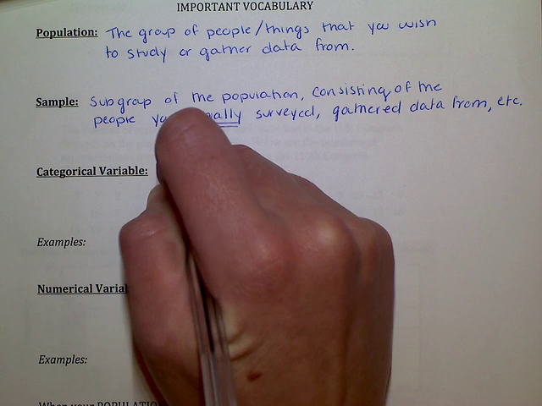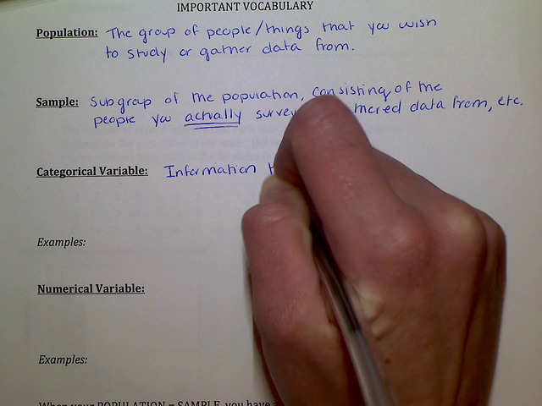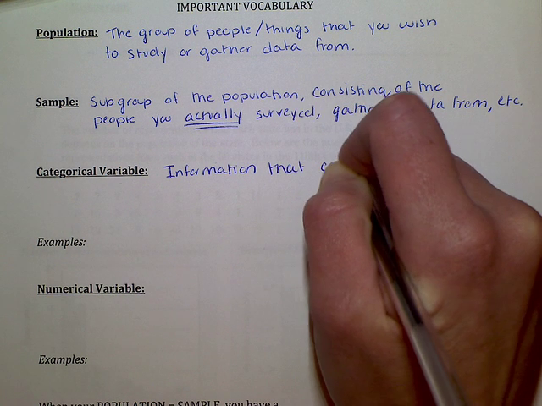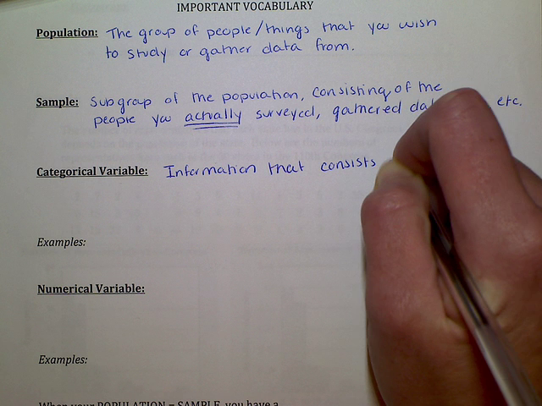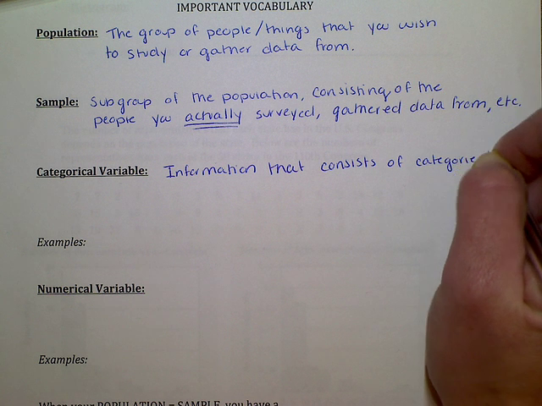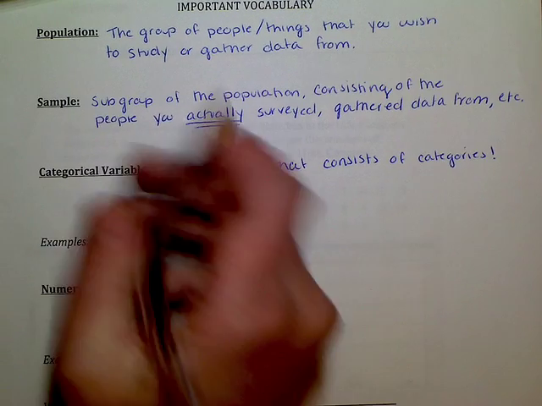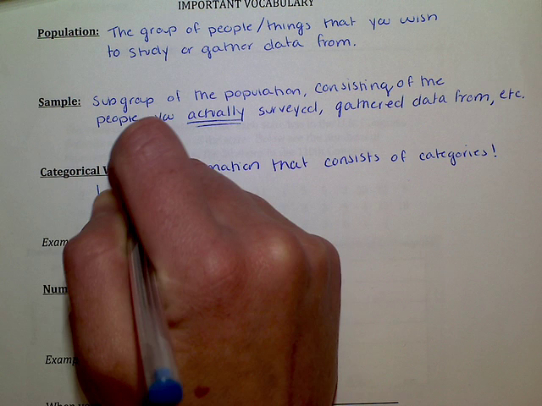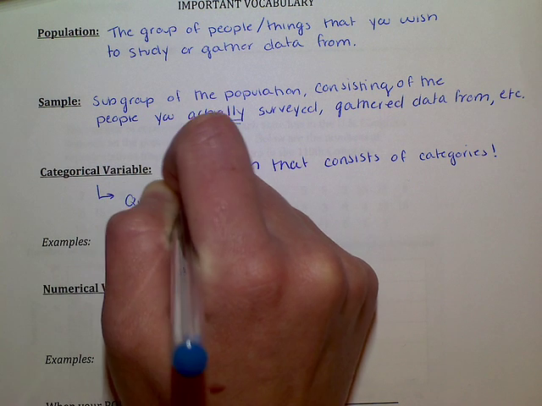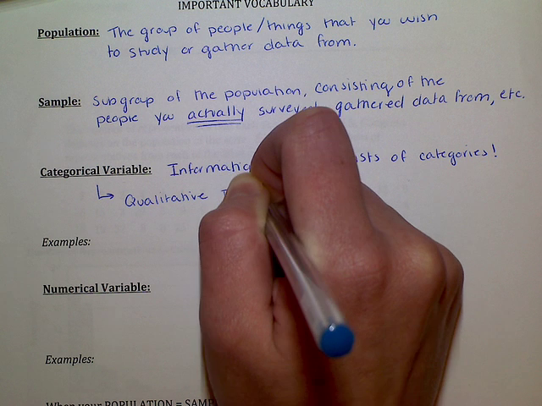This is going to be information that consists of categories. Okay, so, another way to describe that would be qualitative information.